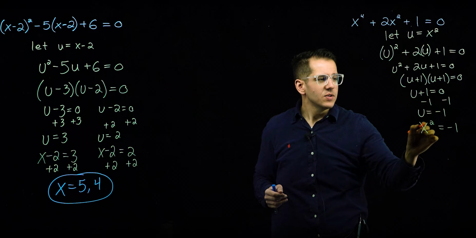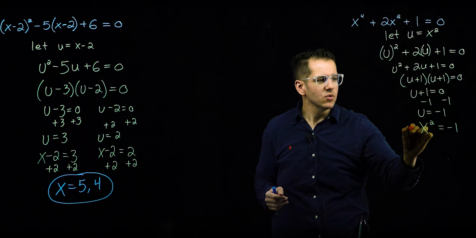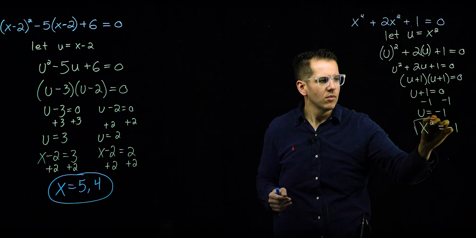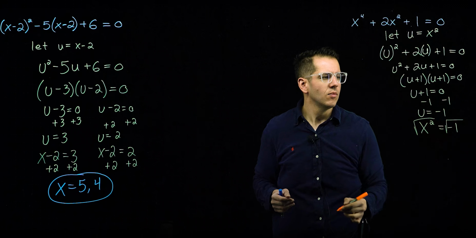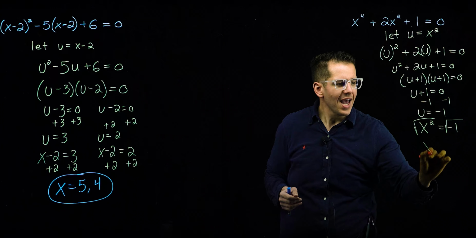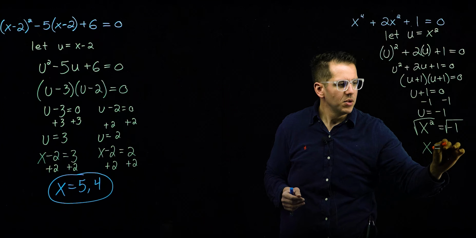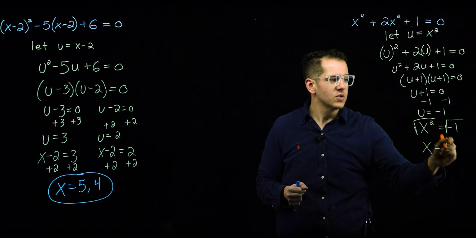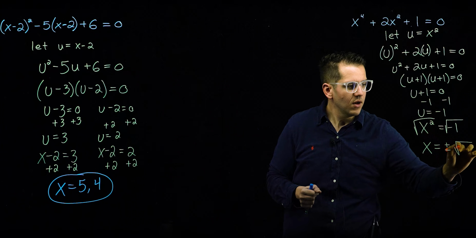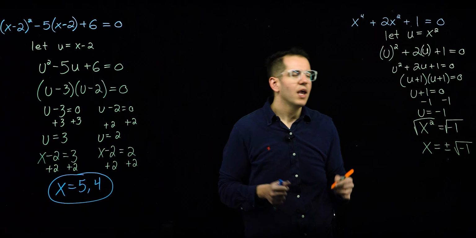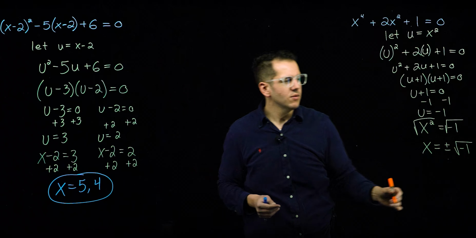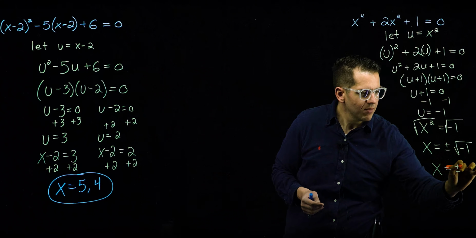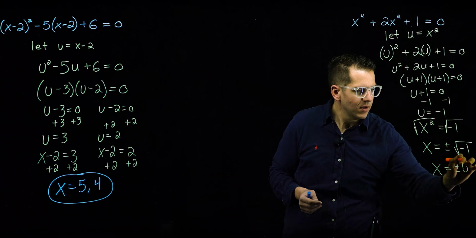And if we solve for x, we can take the square root of each side of the equation, which gives us x equals plus or minus, because we took the square root of each side, the square root of negative 1, and the square root of negative 1 is i. So x equals plus or minus i.